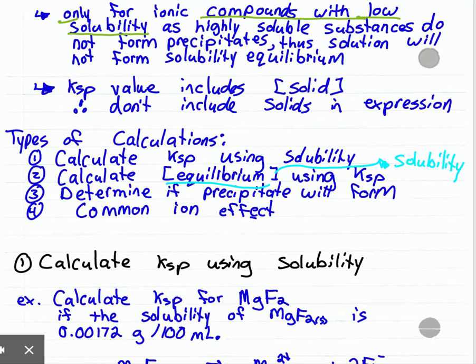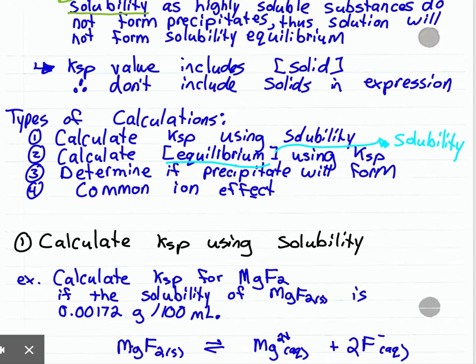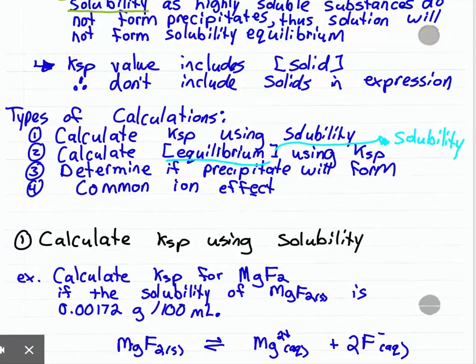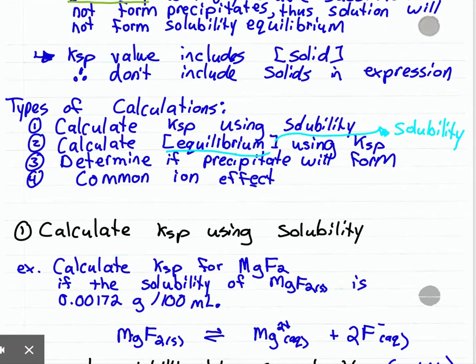The first thing we have to do is think about what equilibrium is going to be occurring. We have the solid MgF2, and it's going to be in equilibrium with its ions. If we remember, ionic compounds dissociate into their individual ions. So our equilibrium that we're applying KSP to is magnesium fluoride solid in equilibrium with a magnesium ion and fluorine ions.